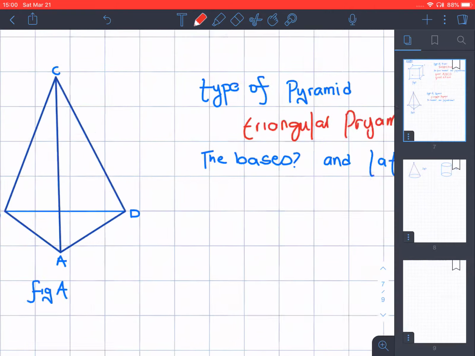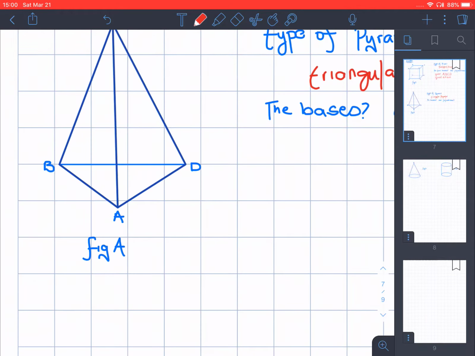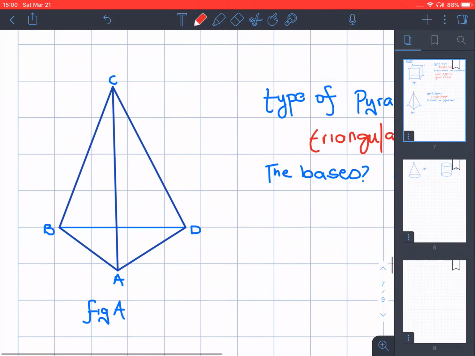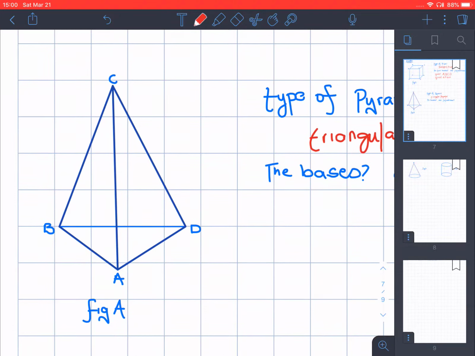And it works because we have a base as BAD, and all the other faces, which are lateral sides, converge at a single point. The one specific thing about a triangular pyramid is that any side works as the base as well.